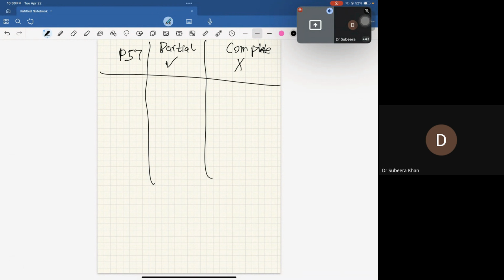Now let us move on to the HCG. The HCG will be more raised in a complete mole. It won't be raised as much in a partial mole. So remember, one more thing is that when there is a lot of HCG present, HCG shares the same beta subunit as that of thyroid stimulating hormone.